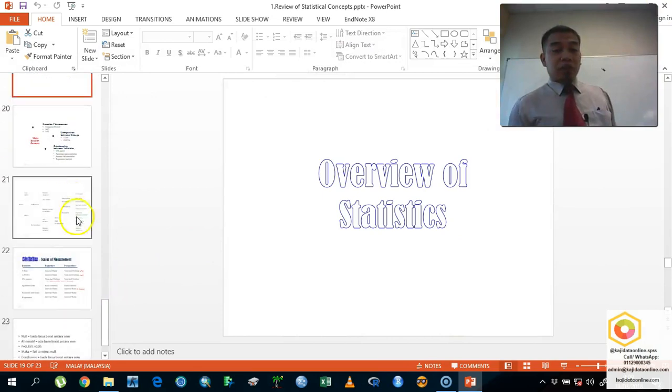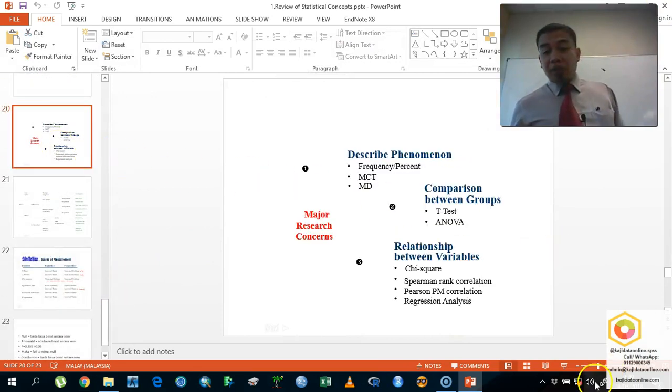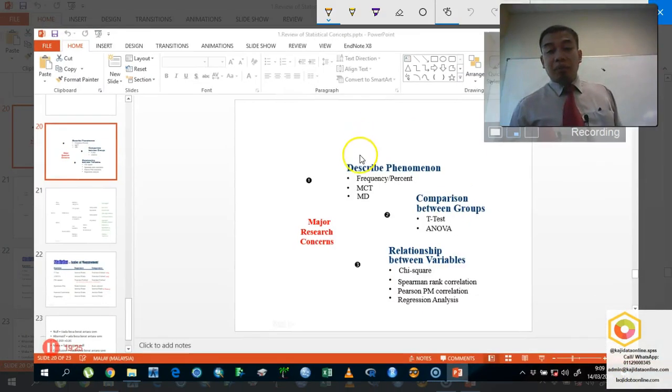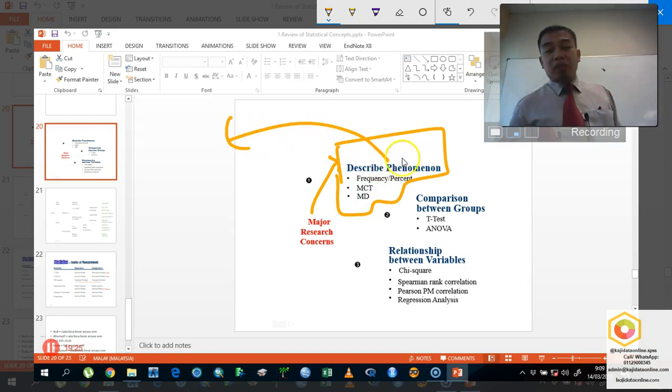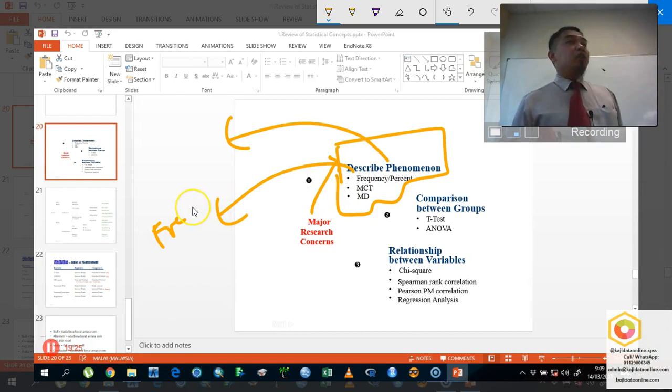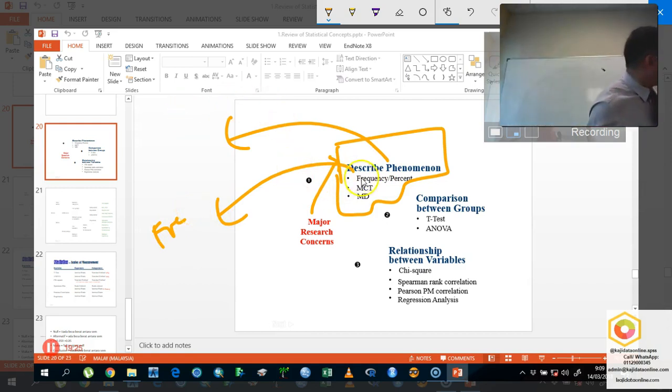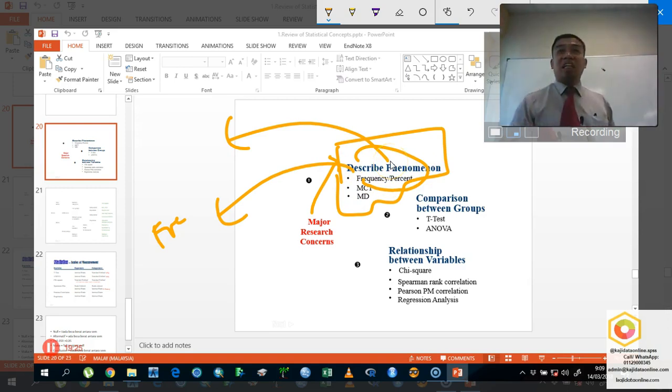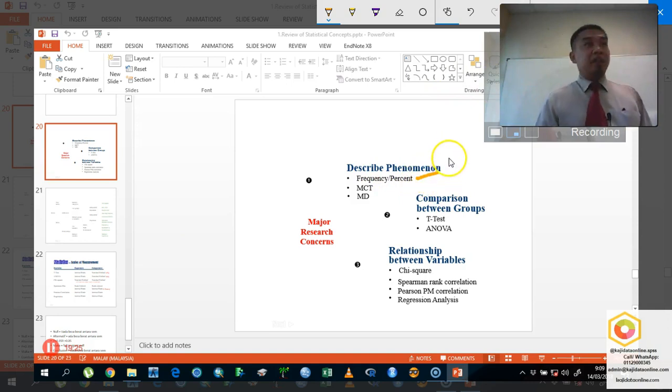Okay, this is the overview of the statistics. This is what we are going to learn today. I'm going to make sure that you understand all of this. First, we are going to describe our data. We use frequency or percentage, which is dedicated for nominal data.